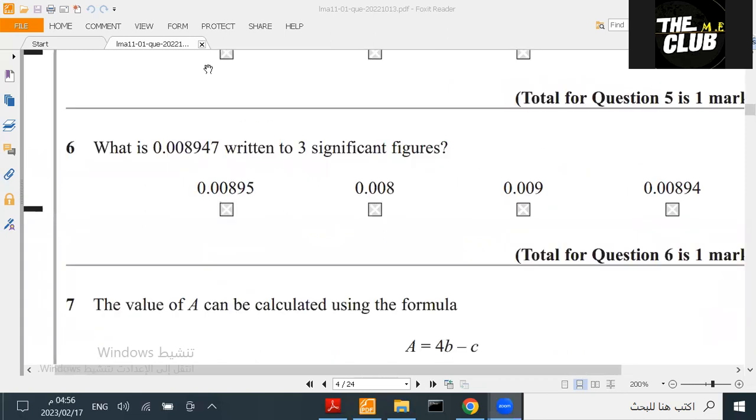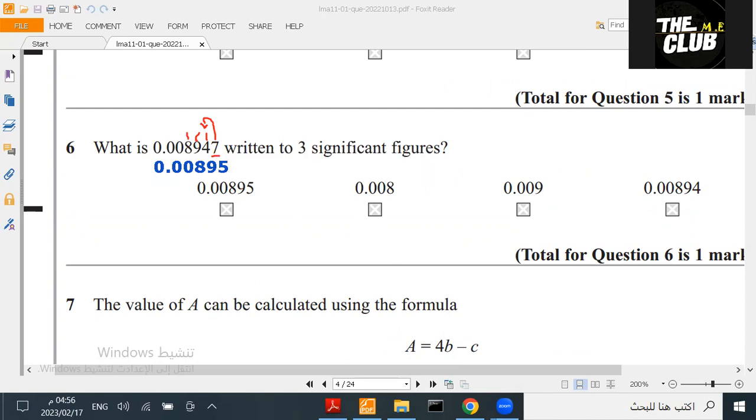So you say 1, 2, 3, and then look at the fourth. The fourth, which is 7, is big, so you add 1 to the 3rd digit. It becomes 895 and you write the zeros: 0.00895, and this is the answer.